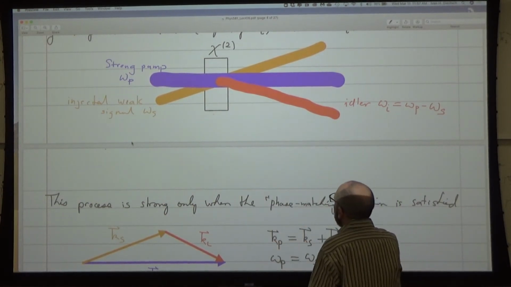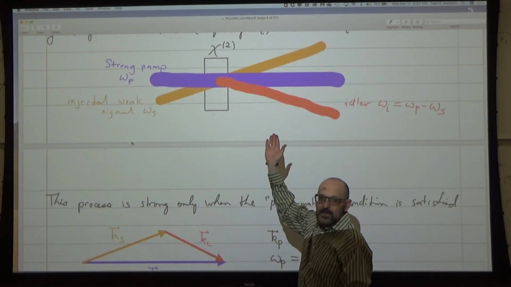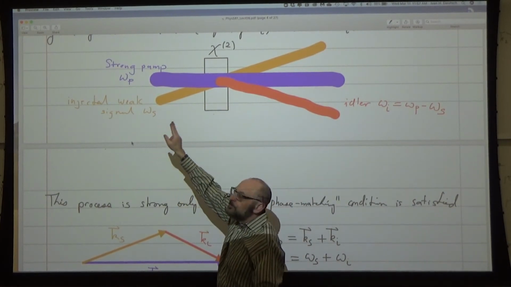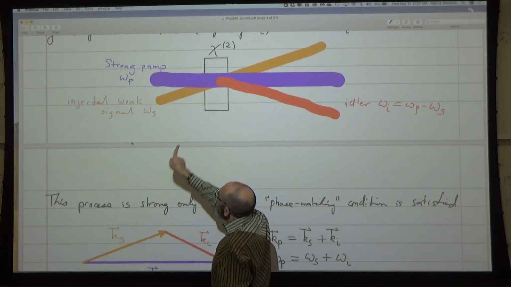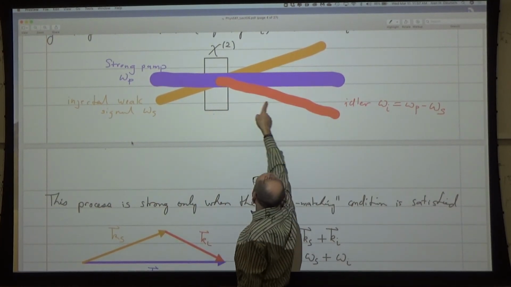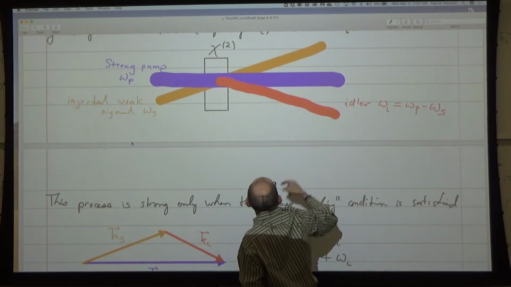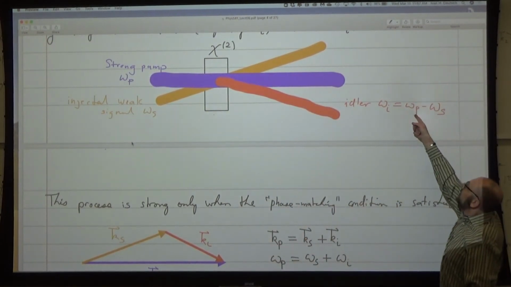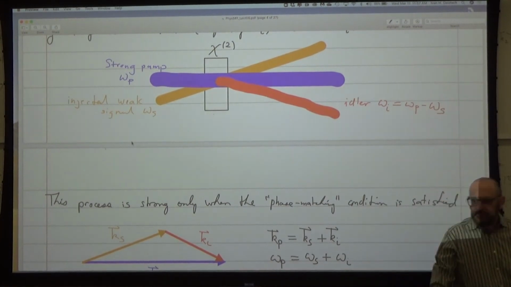For example, we talked about parametric amplification, whereby we send in a strong pump and we could amplify a weak signal, right? And in the process, we would generate the conjugate idler, which was given by the difference frequency, right?